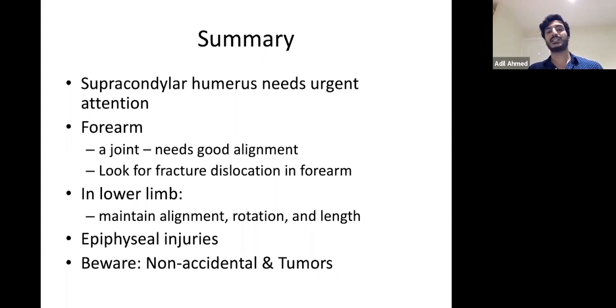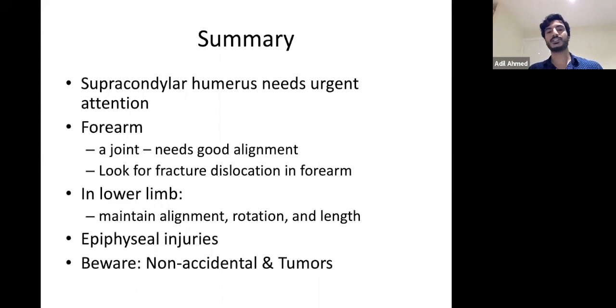And in the lower limb, similar thing, it's still a polo, so make sure if there is a break in one area, look at another area as well. But in the lower limb, we also want to look for alignment, rotation and bend, but actually that's in all fractures, where generally in any kind of limb fractures, we're looking at those.